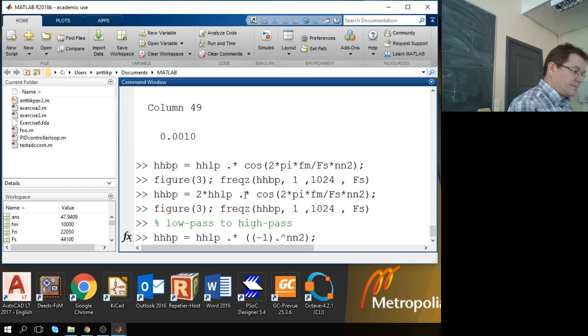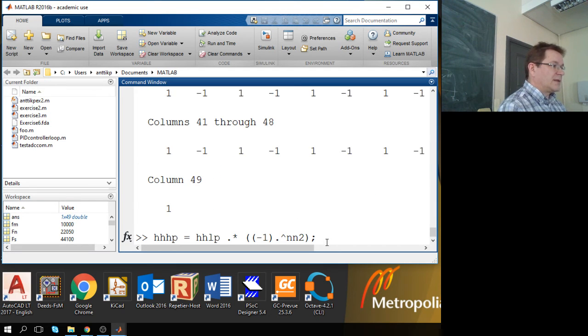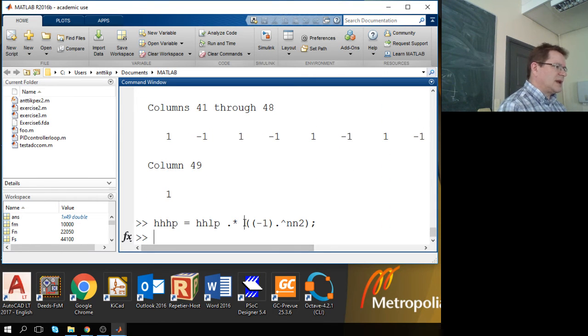There. So that's basically how you make the power of -1 with the vector which holds these numbers. Another, wow, why is it doing that? Well, maybe there's a good reason. But anyways, that's how you do the modulation with the -1 1 -1 1, or cosine pi times nn2 would do exactly the same thing.